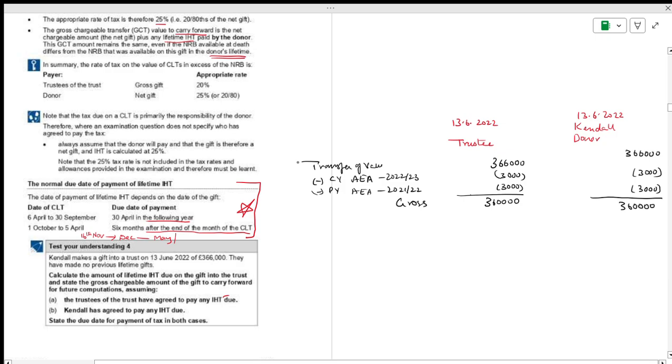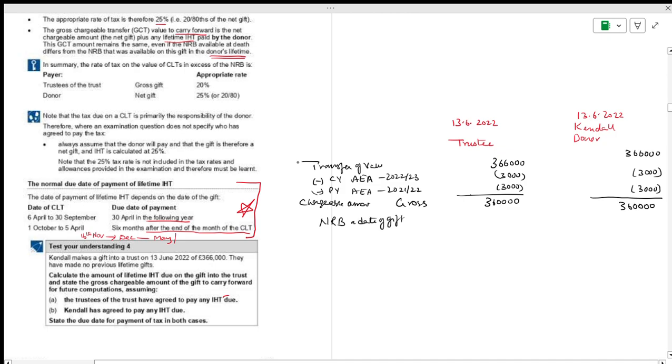NRB. Nil rate band. How much is the nil rate band? This is the chargeable amount. They have given the nil rate band at the date of gift.